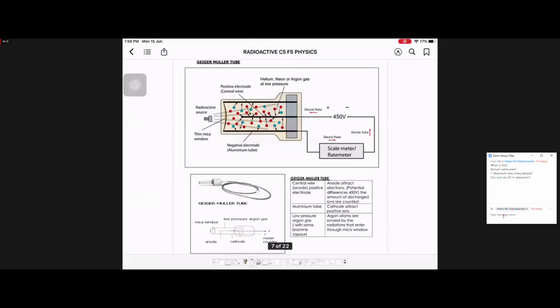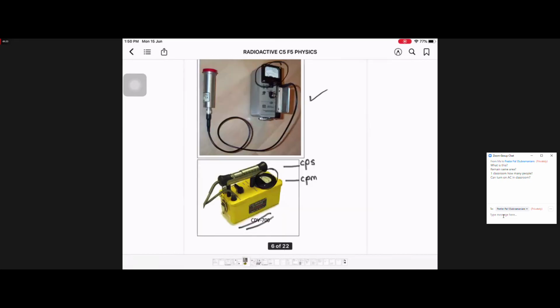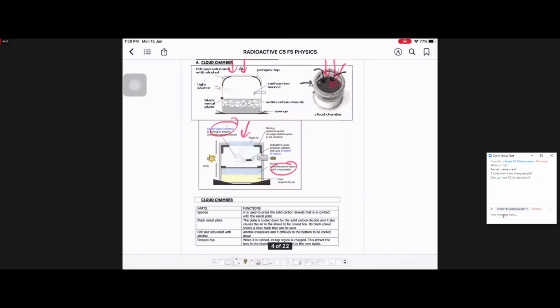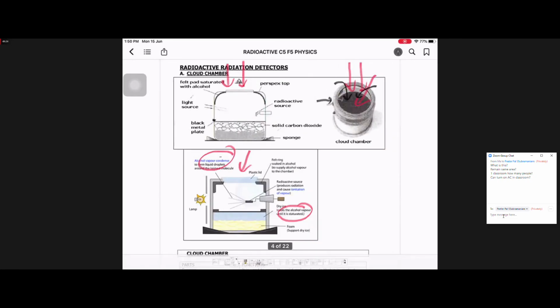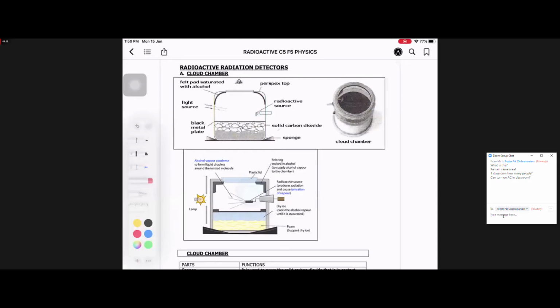Okay. How does a Geiger-Müller work? Before that, I want to go back to the cloud chamber. Kalok, are you there? Okay. What is the purpose of this solid carbon dioxide? To lower down the temperature.